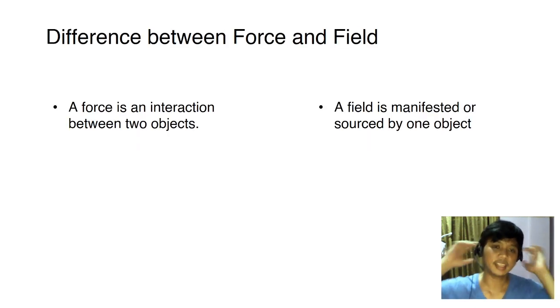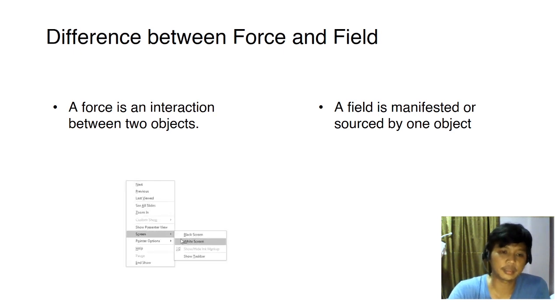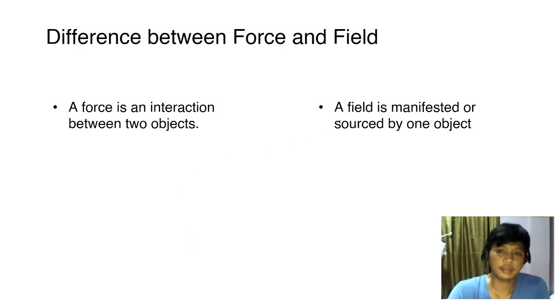But before that, let's clarify the difference between force and field. Force is an interaction between two objects, and the field is manifested or sourced by one object. You remember from Coulomb's law that in order for a force to exist, two objects must have charge.